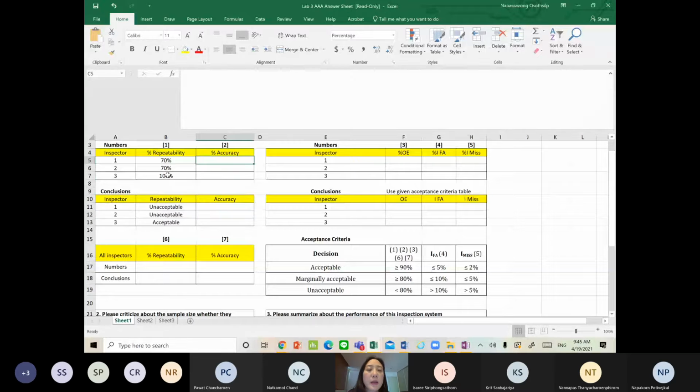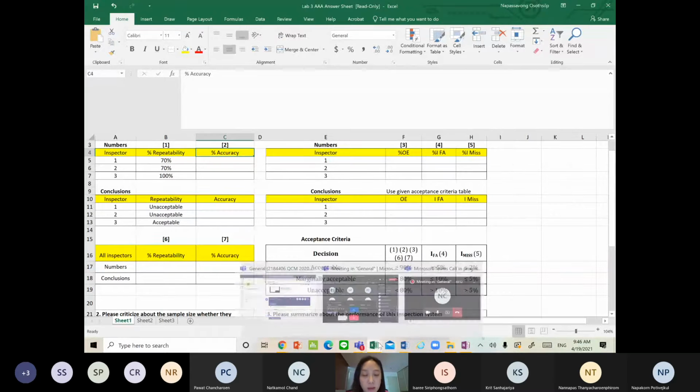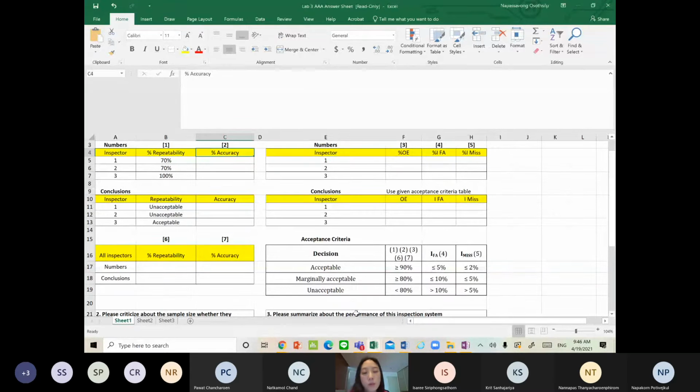Okay, good. Now we will move to the second indicator, which is the percent accuracy of each inspector. This one is easy also.